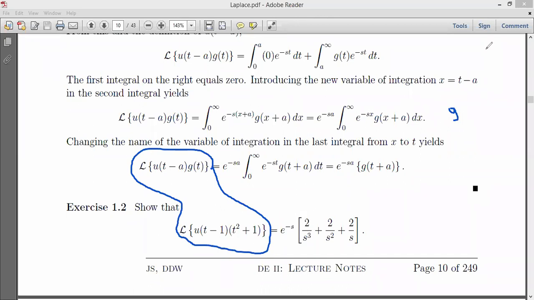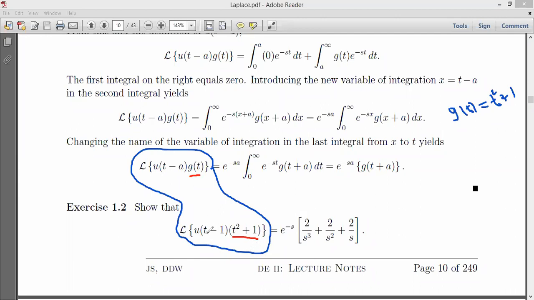This G(t) here is basically equal to t squared plus 1. That is the G(t) we have. This term here is equivalent to that term there.